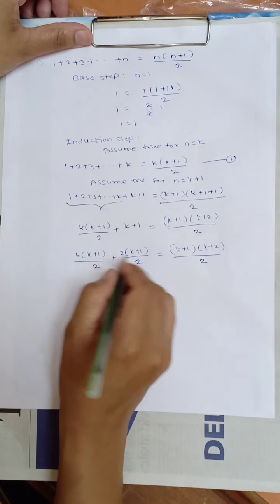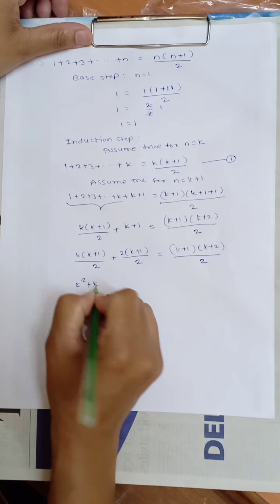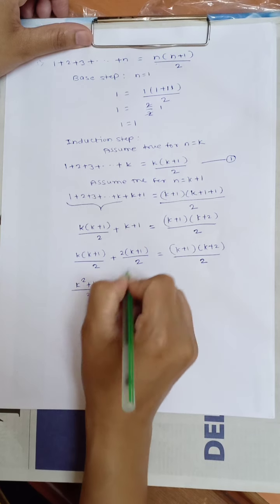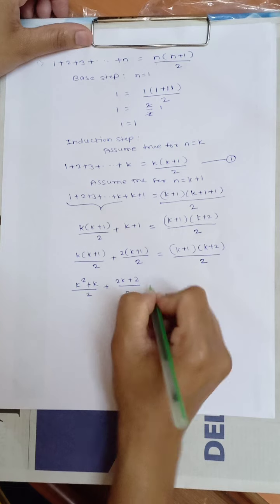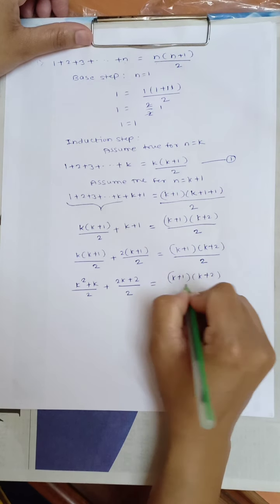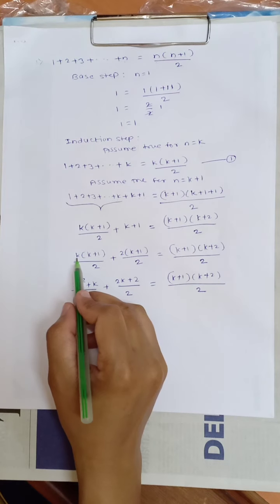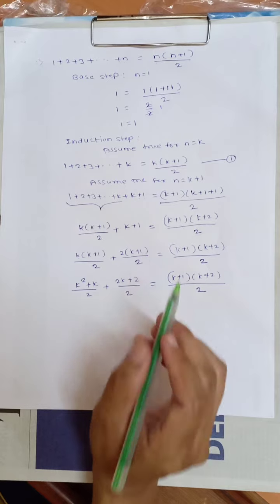So we can add both these terms, that is k square plus k divided by 2, plus this one, 2k plus 2 divided by 2, is equal to k plus 1 into k plus 2 divided by 2. Perform multiplication of k by k plus 1, and 2 by k plus 1.